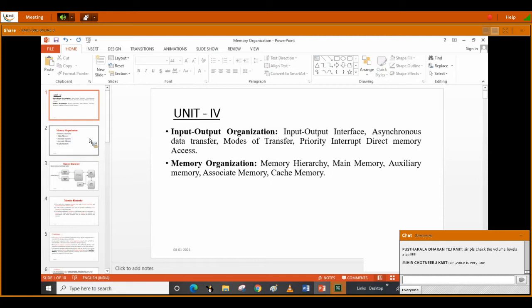Here the handshaking protocol is of two types. One is source initiated handshaking for data transfer. The other is destination initiated handshaking protocol. What is source initiated handshaking for data transfer?